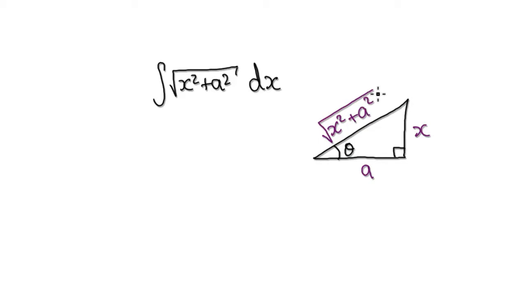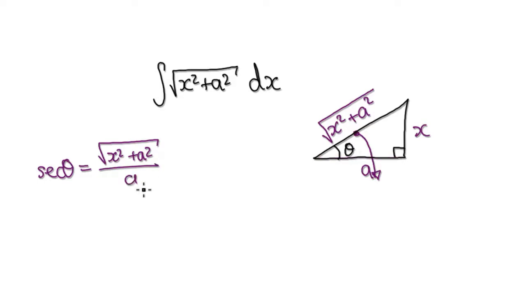So secant of the angle equals root x squared plus a squared over the adjacent, so that would be a.